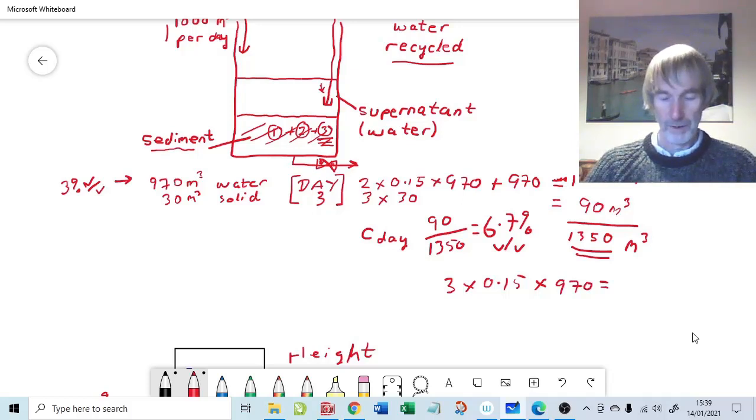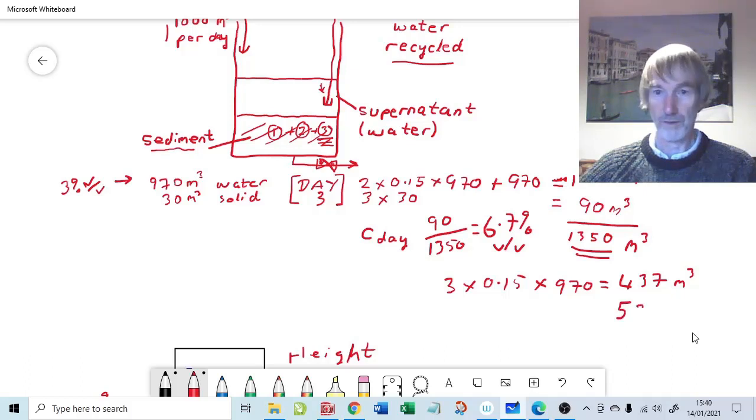So that's 3 times 0.15 times by 970. That's 437 metres cubed of liquid. But of course we have also 90 metres cubed of solids, so that's 527 metres cubed.